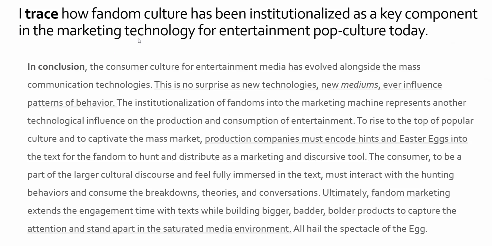And in my literature review section, the front end of my paper, I explained the concept of fandom culture, sort of that nerd, geek, just the comic book fandoms in particular. I defined institutionalization in this context, so that my audience, my critical cultural theory professor, knew that I knew what was going on.